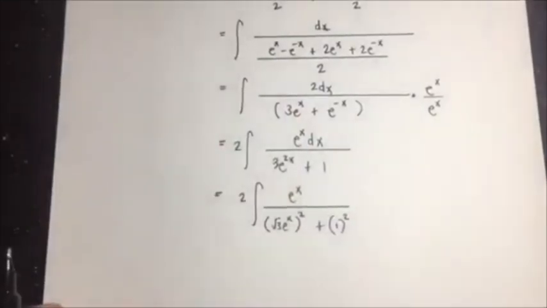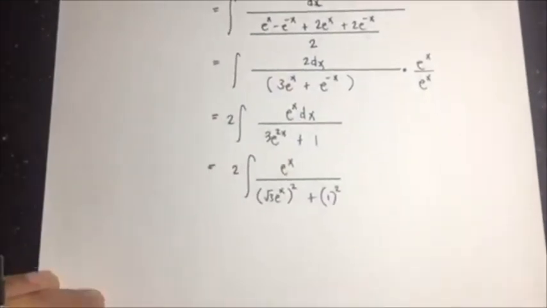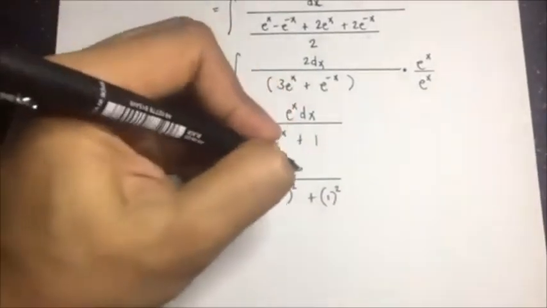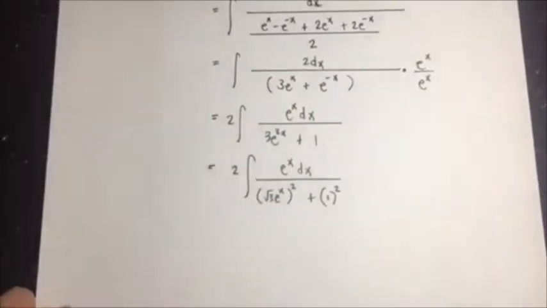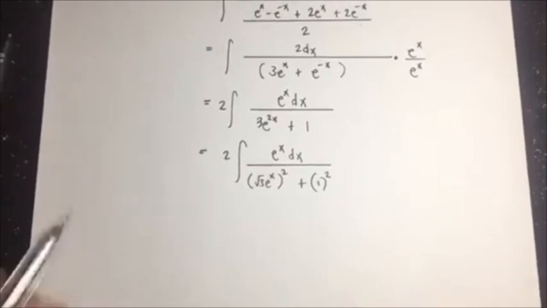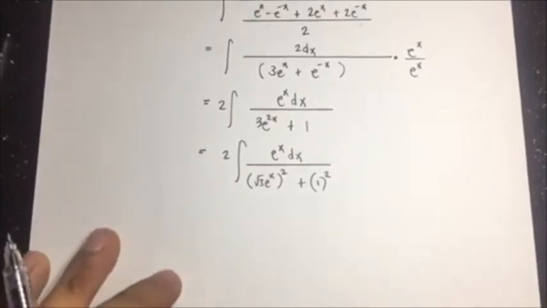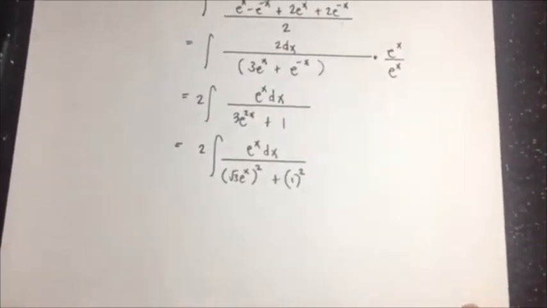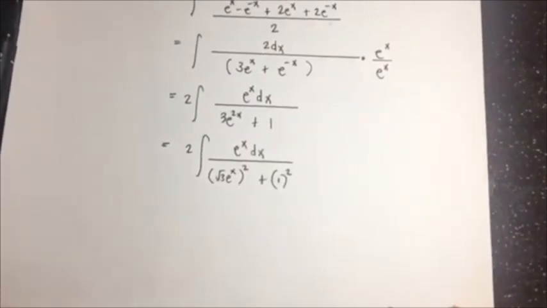So we can actually use arctangent now to solve this. Sorry, there's a dx in here. Okay, so we can use now the integrals that lead to inverse trigonometric functions, particularly the arctangent.